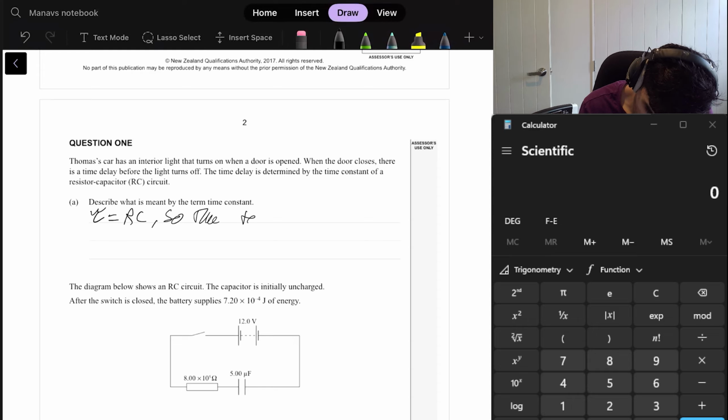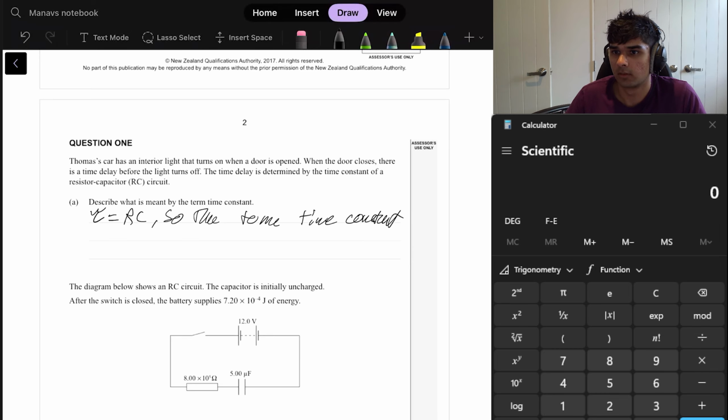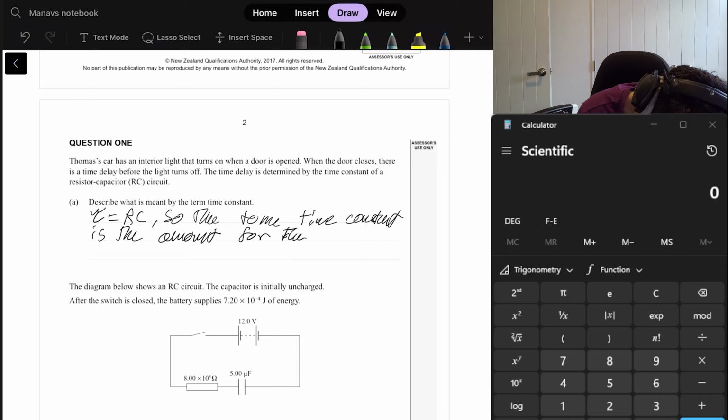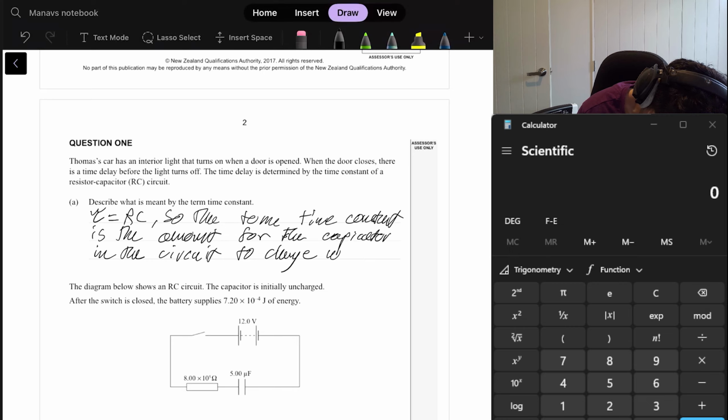So the term time constant is the amount of time it takes for the capacitor in the circuit to charge up to 63% of max charge.